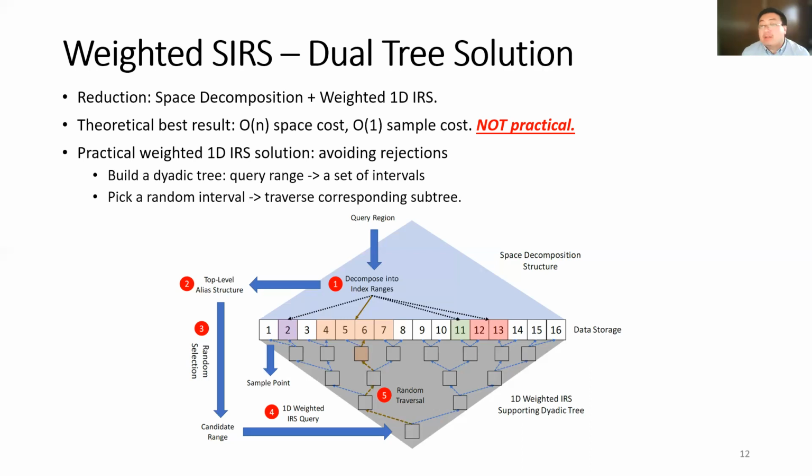In this case, we call this method a dual tree method because we have 2 trees. One tree is the space decomposition tree to decompose our spatial region into continuous index ranges on the linear data layout. And we also have a dyadic tree that decomposes each of the continuous query ranges into a set of intervals to facilitate our weighted 1D RS problem.